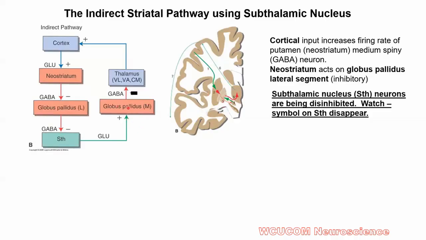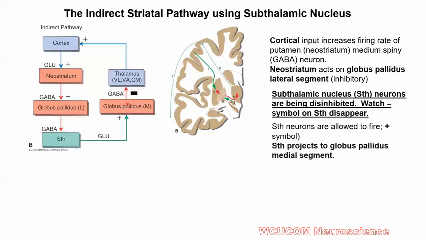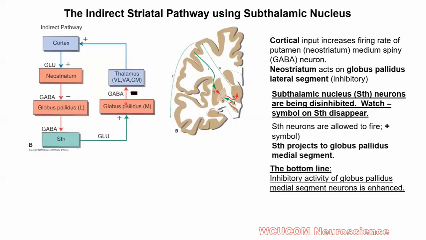What will that do? That can only increase the already existing negative GABAergic tone on thalamus. Remember, at rest, this was a tone that always existed, and now it became even more pronounced. Watch for the negative symbol to grow, and all of this is because of the disinhibition at the level of subthalamic nucleus.